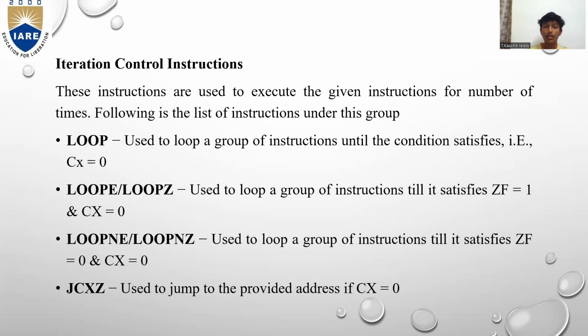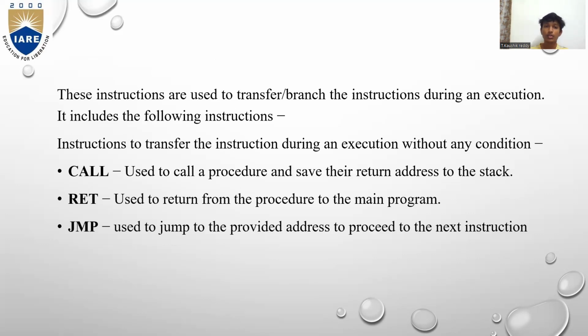So, different iteration control instructions have different conditions. LOOP has CX equal to 0, LOOPE or LOOPZ has CX equal to 0 and ZF equal to 1, and LOOPNE or LOOPNZ has ZF equal to 0 and CX equal to 0. JCXZ has the condition CX equal to 0.